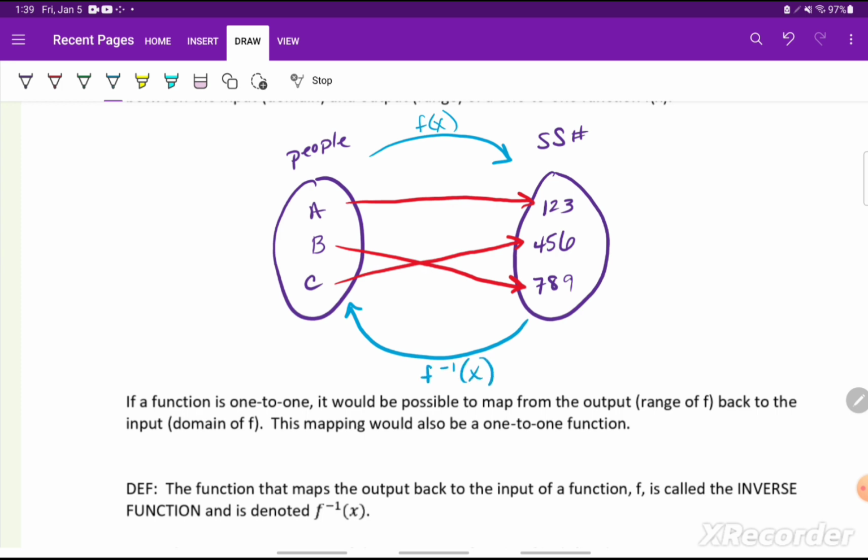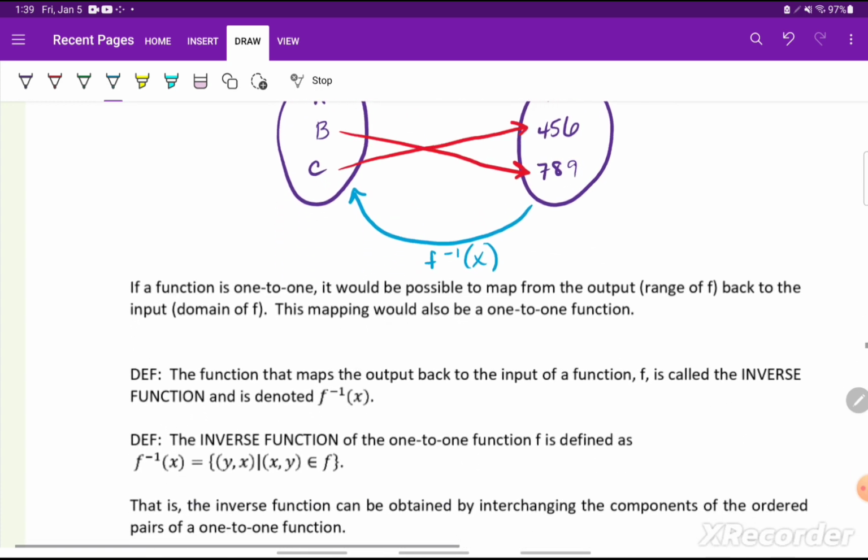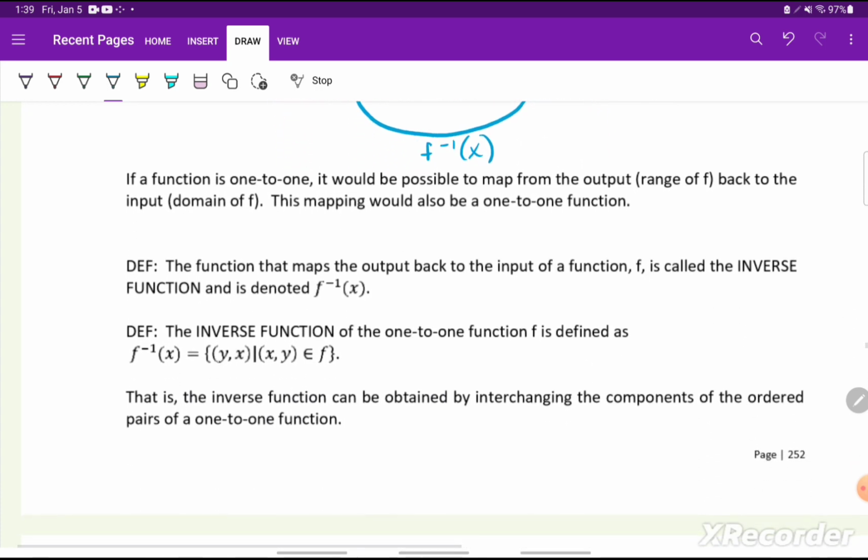And we denote inverse with a little -1 as an exponent. Defining inverse function, we have a couple here, depending on our context. The function that maps the output back to the input of a function f is called the inverse function and is denoted f inverse of x.